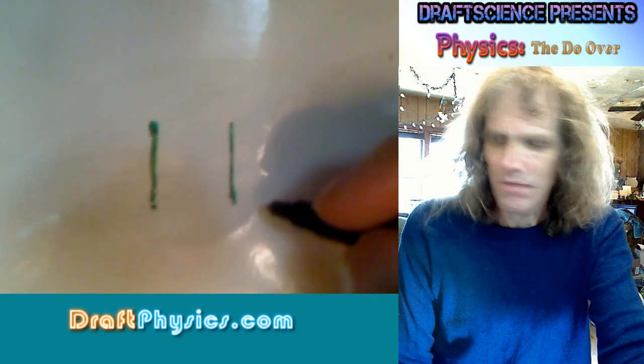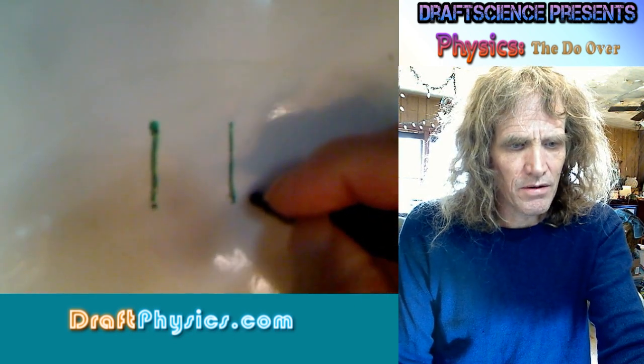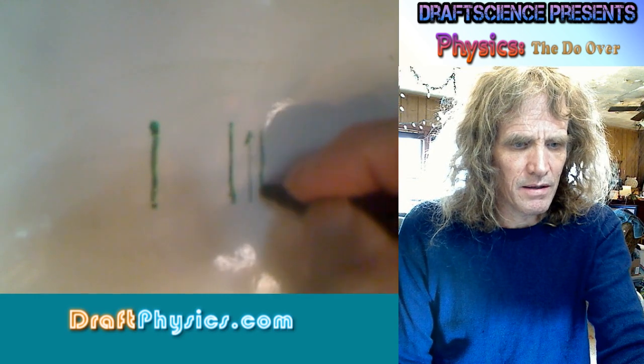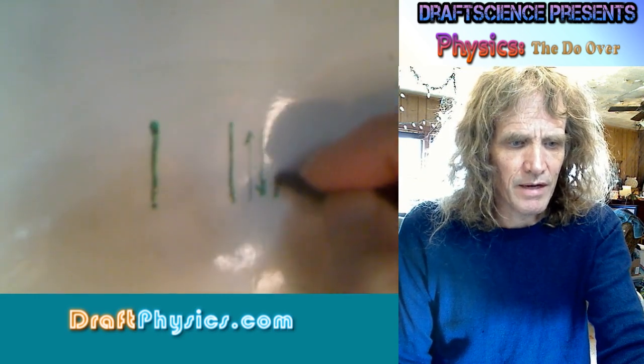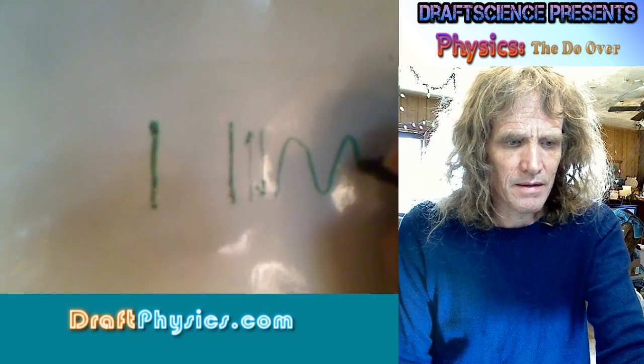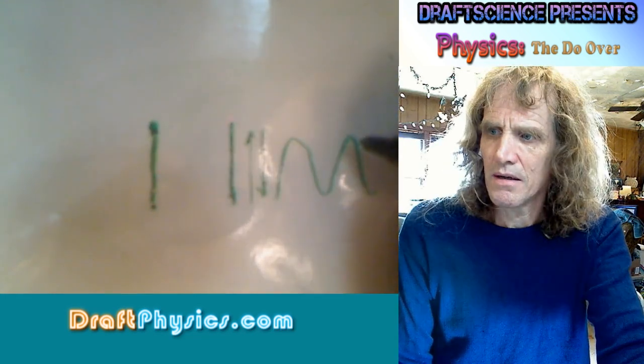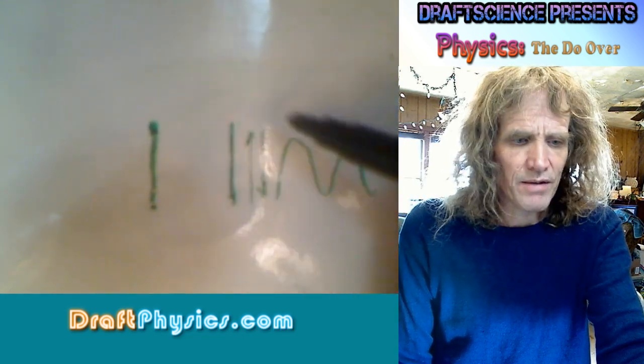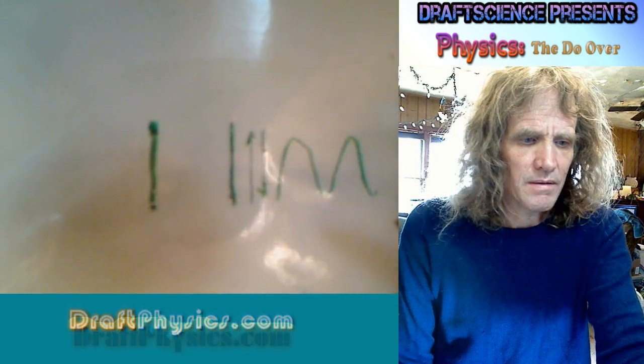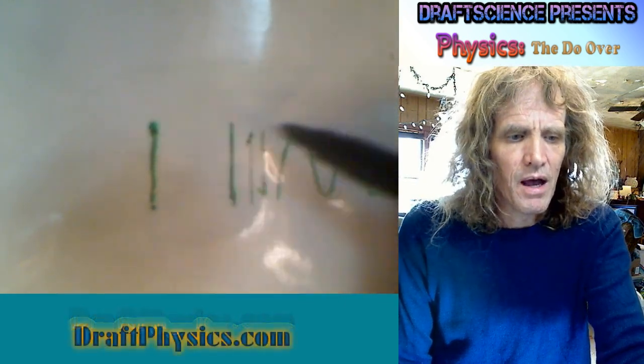Their conventional argument is that the current runs this way and this way, in a sense creating waves like this, as high as the antenna. So these transverse waves, or however you want to describe them.